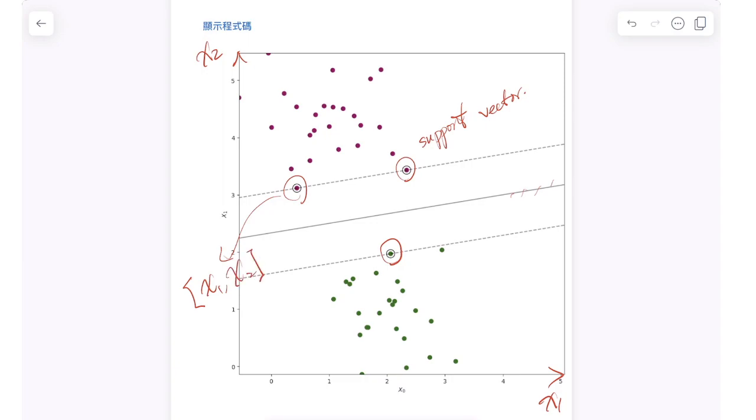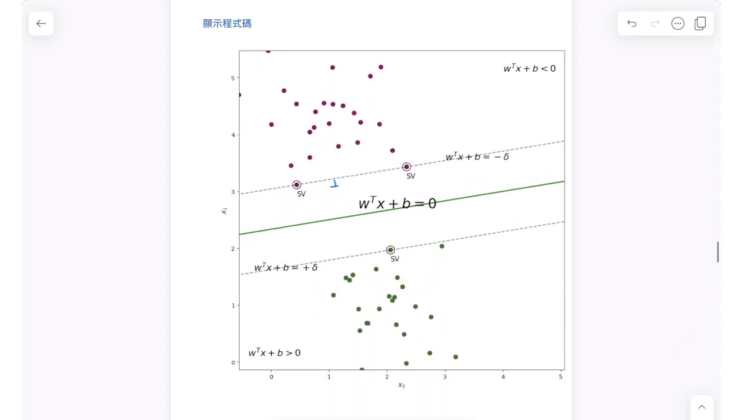These three data points are called support vectors, and sometimes we call it SV plus, because it is on one side, and the other side is called SV minus. So here is how we model such a problem.